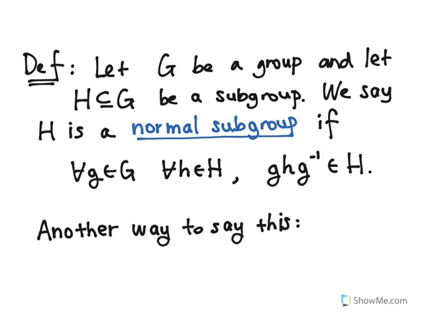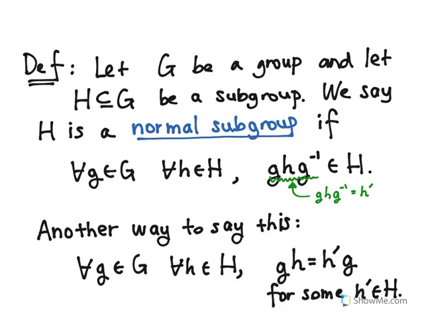This condition, I think, is pretty hard to unpack at first, so let me give you another way to think about it. For this other way, I'm going to take this thing g h g inverse, and I'm going to give it its own name. I'm going to call it h prime, and I'm denoting it with the letter h because, as we see here, our assumption is that it's an element of the subgroup capital H. If we rearrange the equation that I've written in green above, it becomes the equation gh is equal to h prime g.